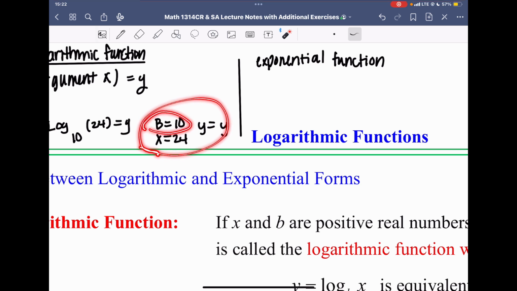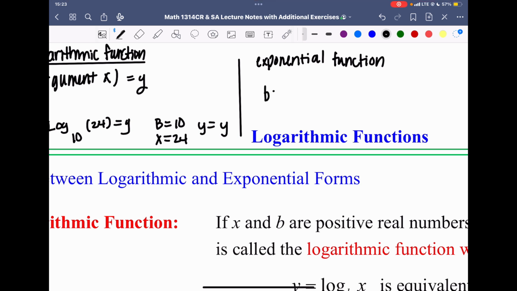So this is the base raised to the y, and it's going to be equal to the x. So it's base b raised to the y equals the argument x.